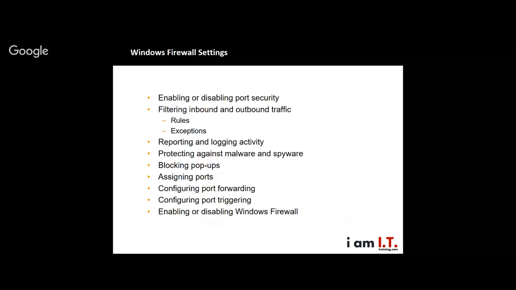A firewall is an awesome tool, and we're using these things every second of every day when we're online. Now, Windows firewalls can be configured for anything in your network to make sure that it's secure against unauthorized access attempts or attacks, as well as that you're only able to reach content that is quote unquote approved. So you see a list of some of the things that firewalls can do, as far as enable or disable ports.